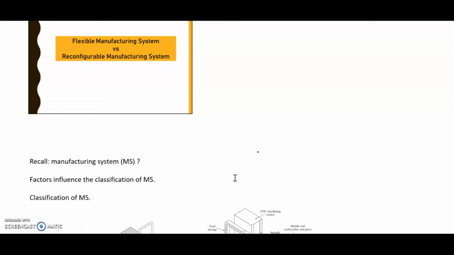Different materials, different size of materials, different weight of materials, geometry and complexities can influence the classification of manufacturing system. The number of workstations, either only one machine is used or more than one machines are used, can influence the classification of manufacturing systems. Then there is a level of automation.